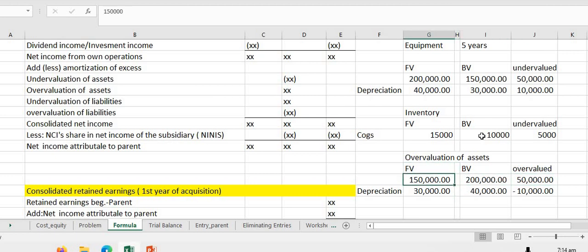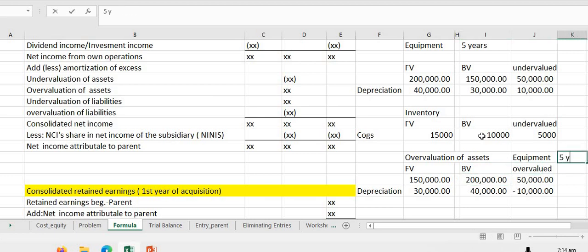So, its fair value is 150,000, but its book value is 200,000. So, actually, yung equipment natin is overvalued by 50,000. So, assuming pa din that the useful life is 5 years, diba?